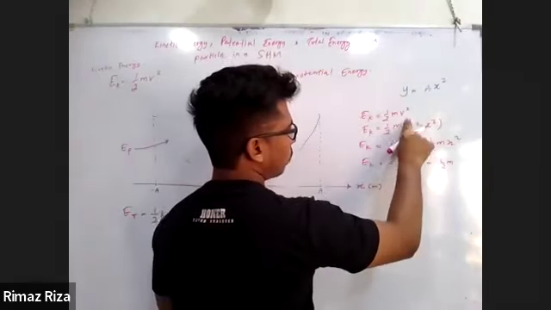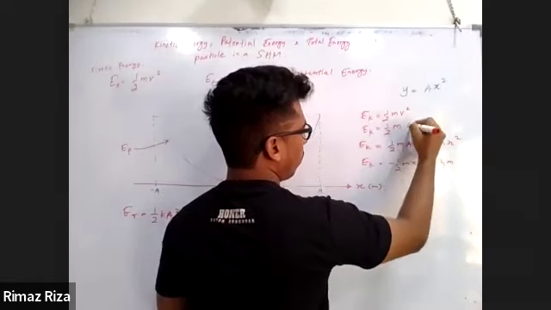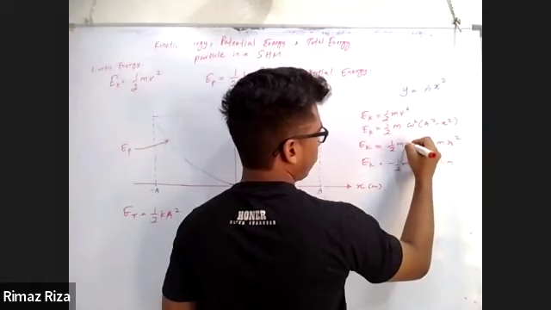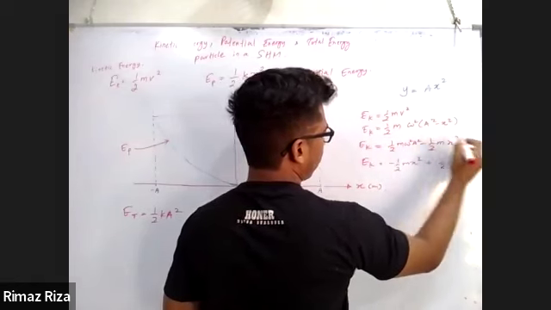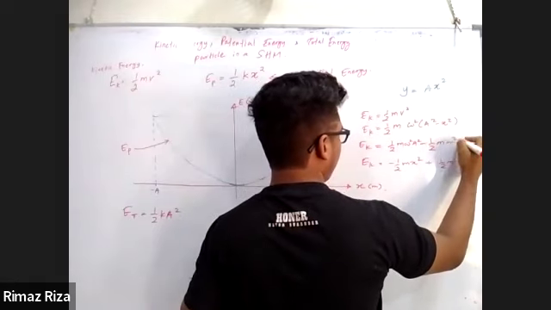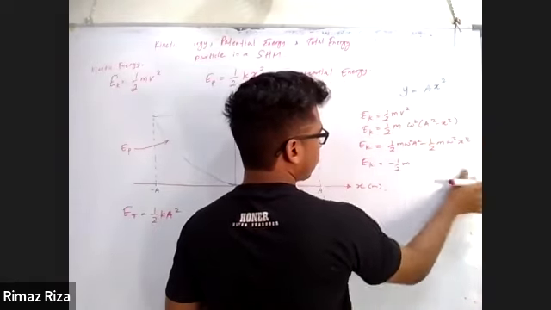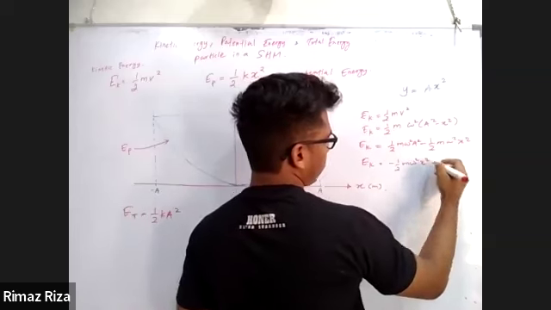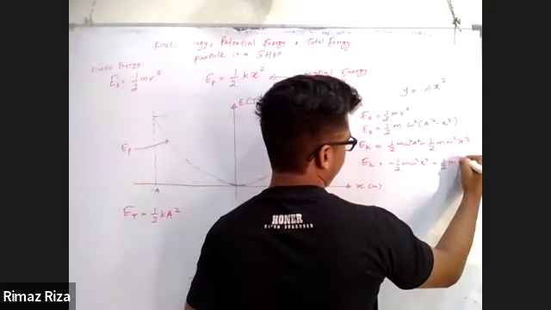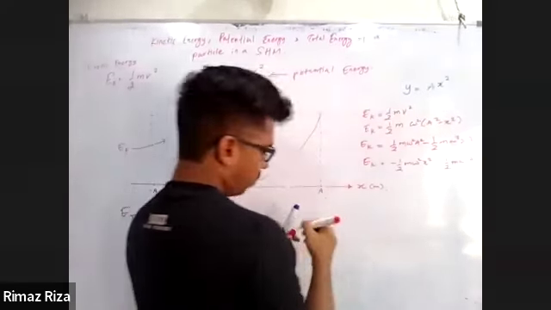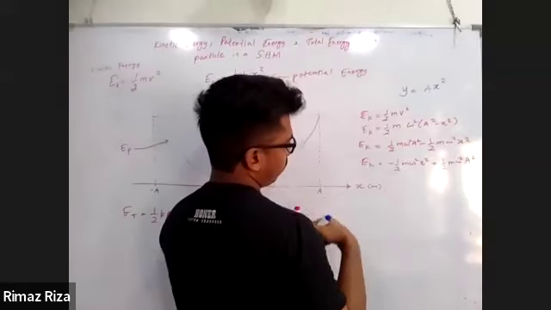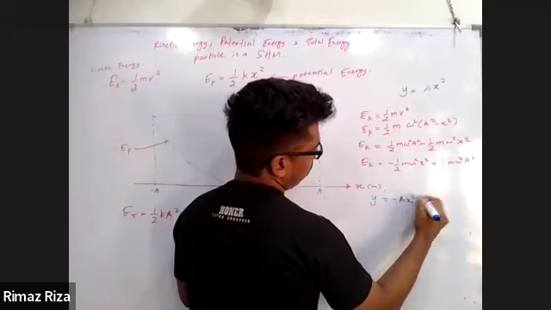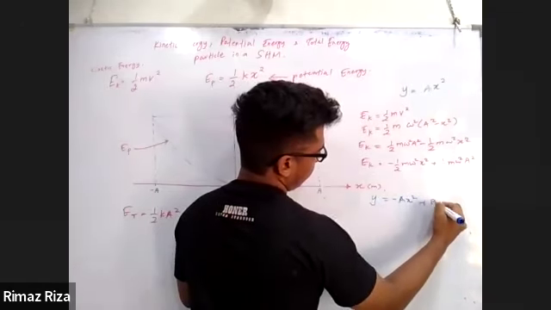Sorry, here v squared is omega squared times a squared minus x squared, so it's minus half m omega squared x squared plus half m omega squared a squared. So this is y equals minus a x squared plus this constant b.